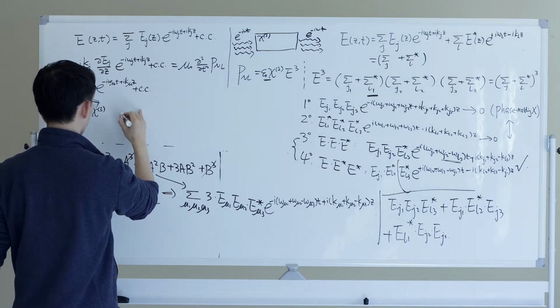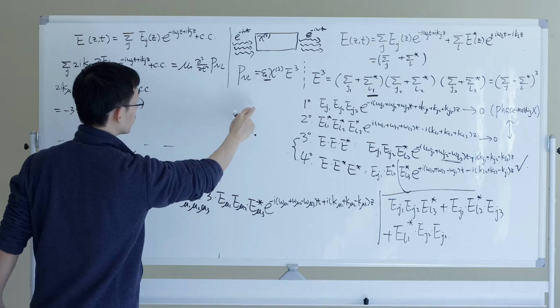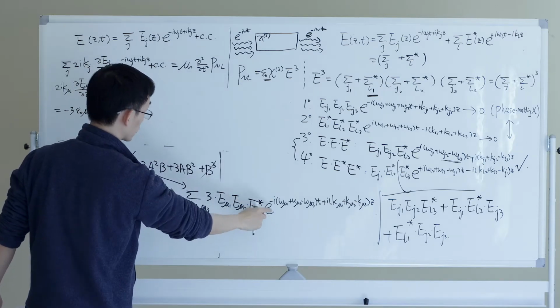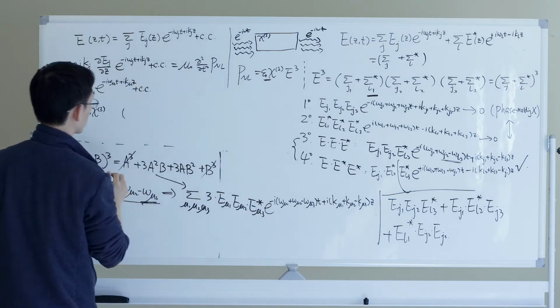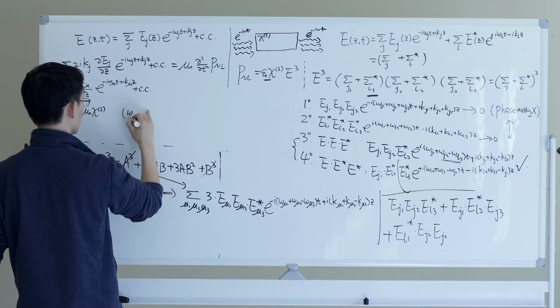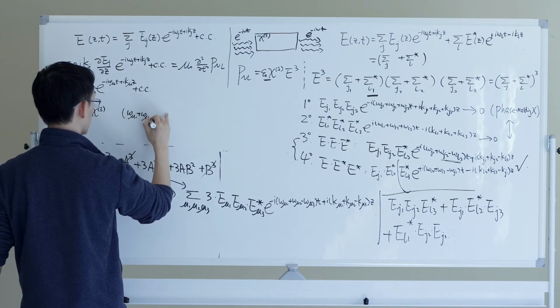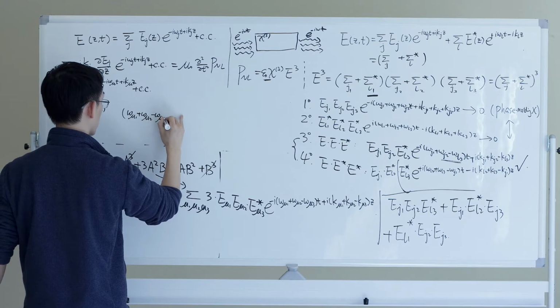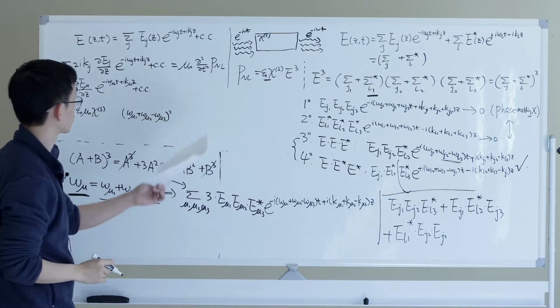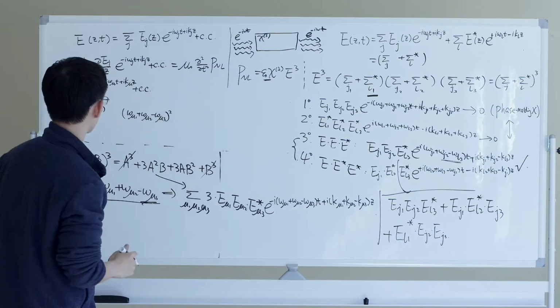And then there's the frequency term. When you do the time derivative of this, there's the frequency term omega mu1 plus omega mu2 minus omega mu3 squared, right? That's the second order time derivative coming from here.